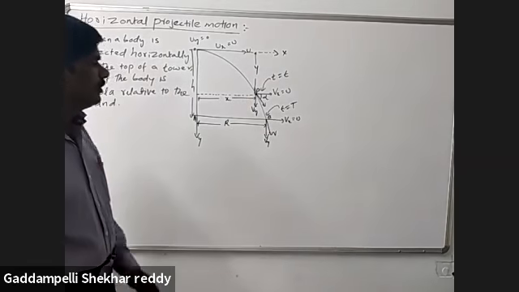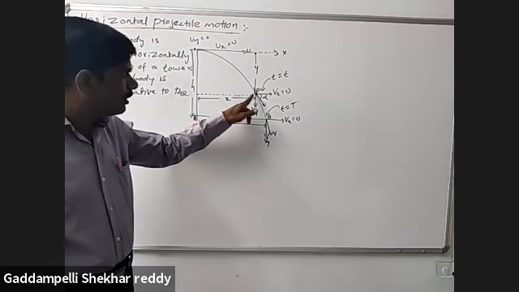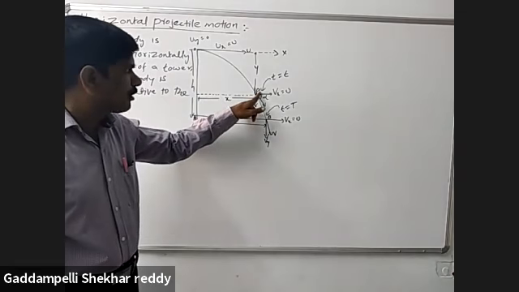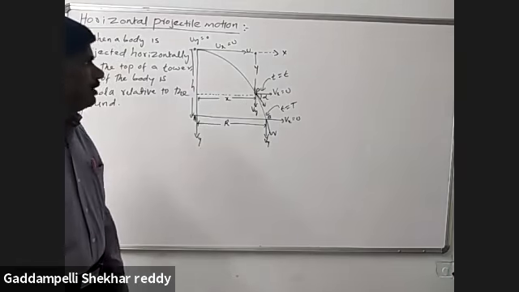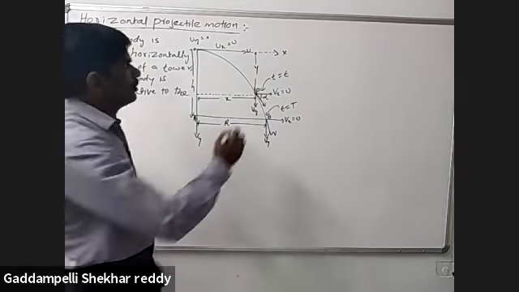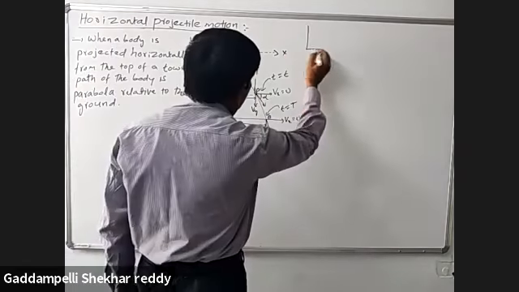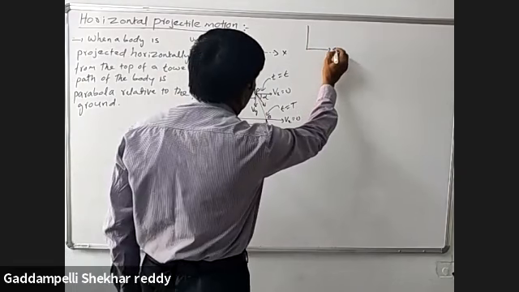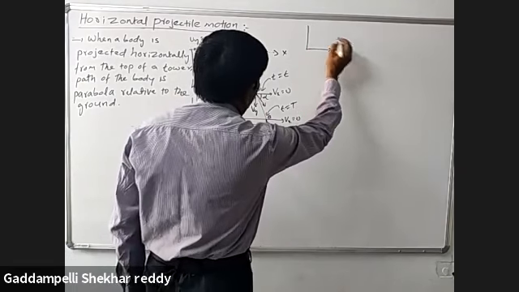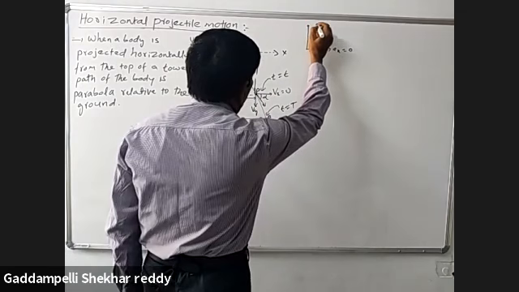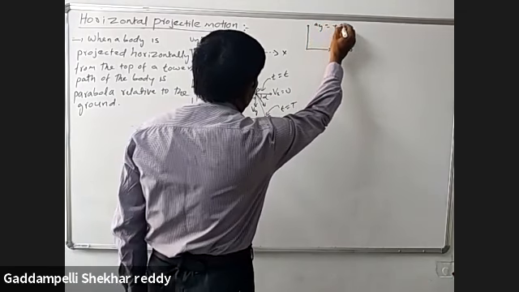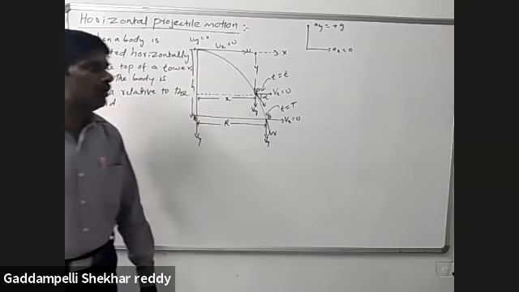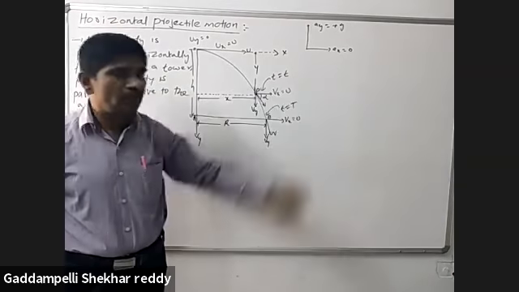The body requires a certain time t to reach this point P. The acceleration in the horizontal direction is 0, and along the vertical direction ay is equal to plus g. Gravity acts downward, so the body's motion is also downward.